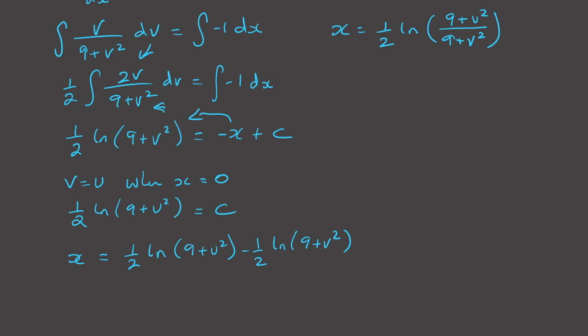And then all we need to do is look at when v is equal to 0, and x would be a half ln of 9 plus u squared over 9.